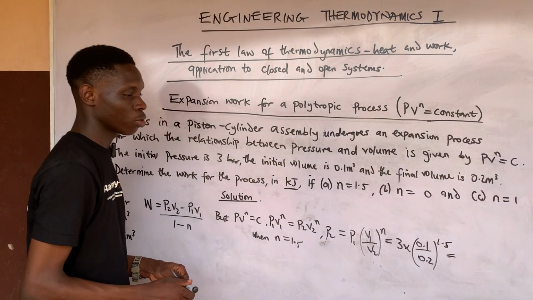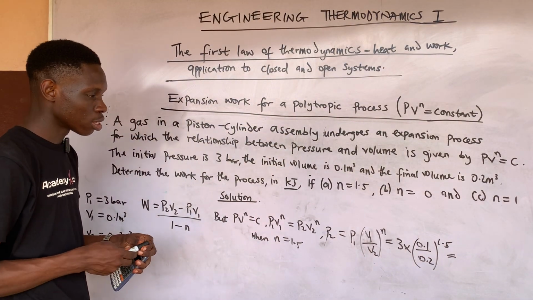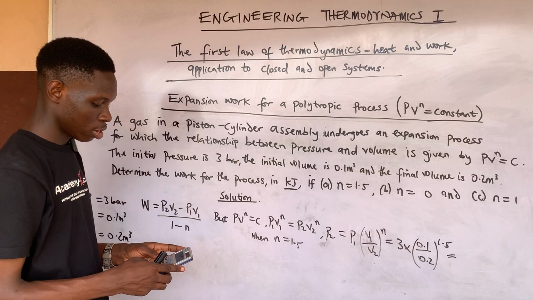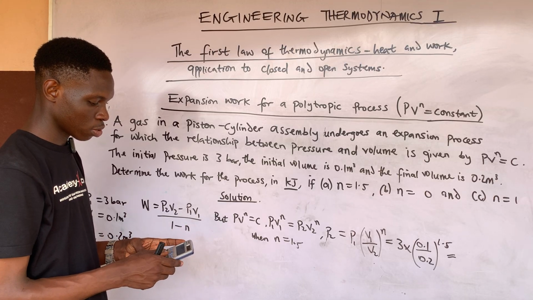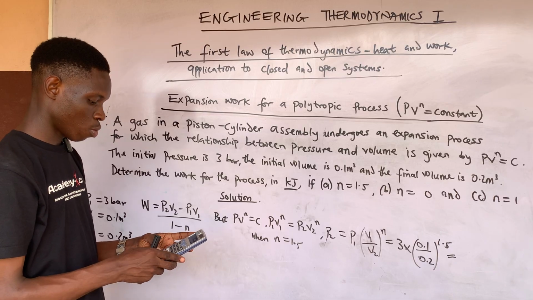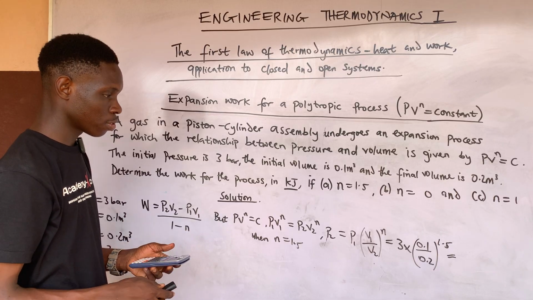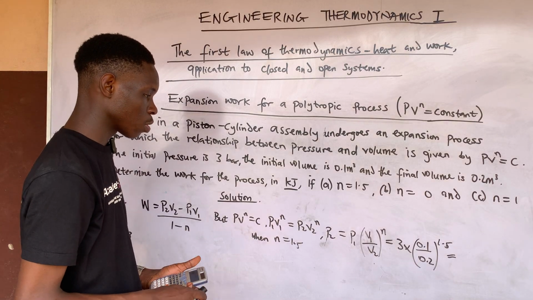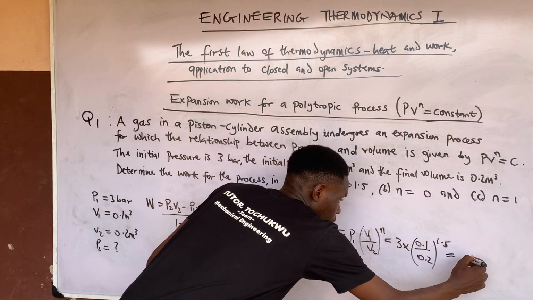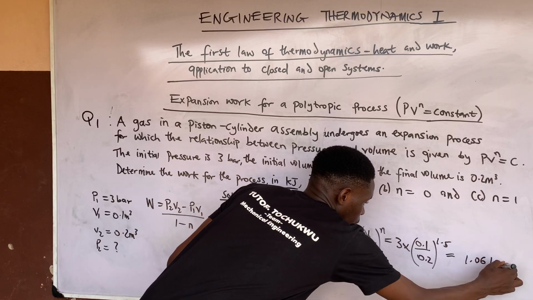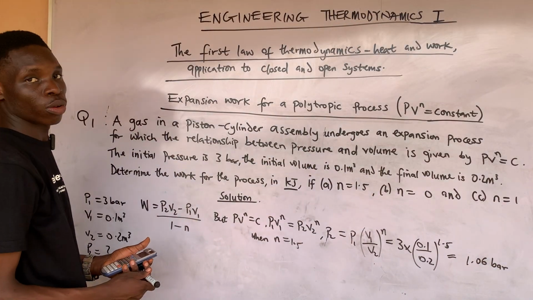If you calculate with a calculator, 3 multiplied by (0.1 divided by 0.2) all to the power of 1.5, it gives 1.06 to 2 decimal places. So this is 1.06 bar. So we have gotten our P2.